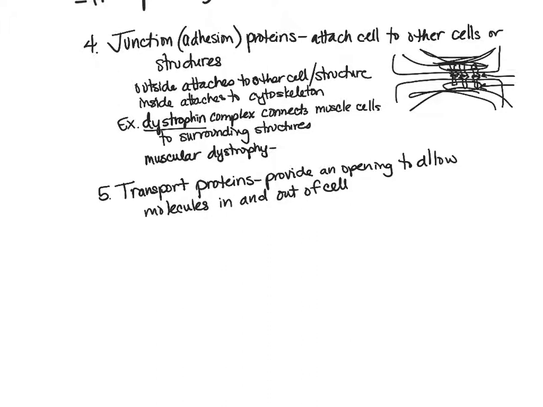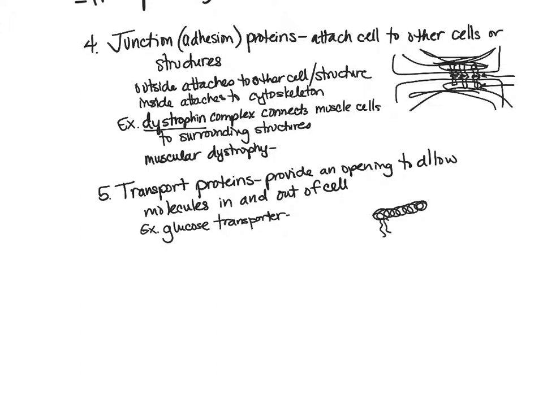So for example, when we want to get glucose into the cell, glucose is a very large molecule. It doesn't automatically go through the plasma membrane, and we're going to talk about that in more detail. But if we want to get glucose in the cell, because we need glucose in order to have energy, we have a glucose transporter. And so this is actually going to allow glucose into the cell.